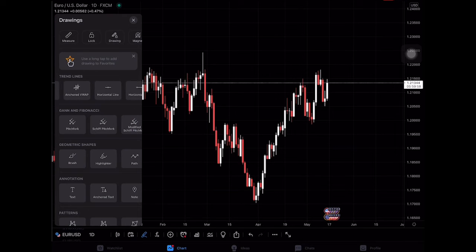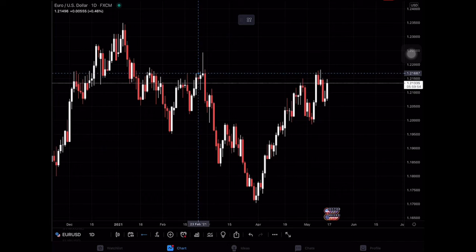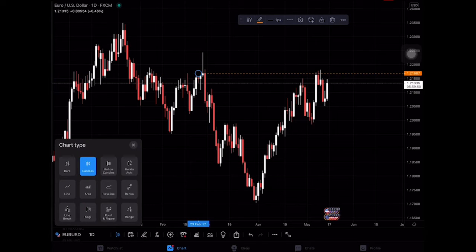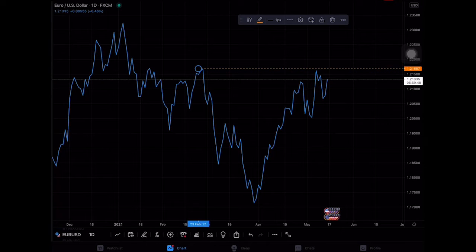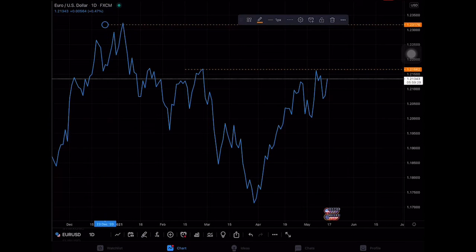First, horizontal ray. So there's a resistance there. We can put it into line chart. As you can see, there's a resistance there, and there's also a resistance here. And there's also our major support here.